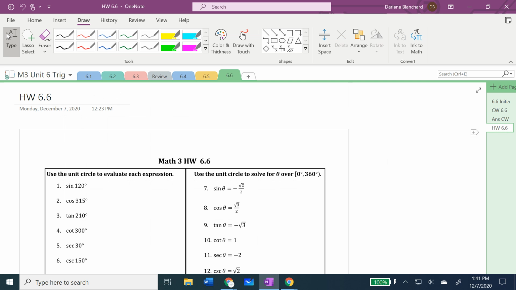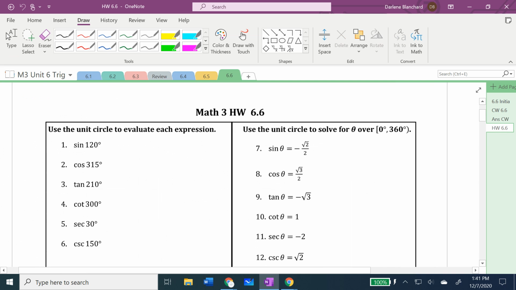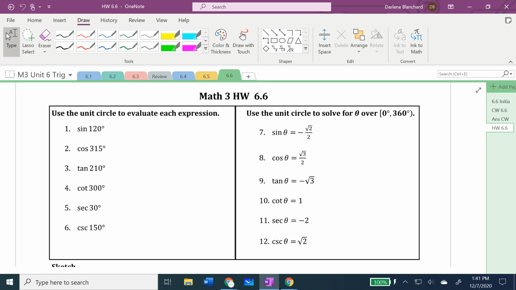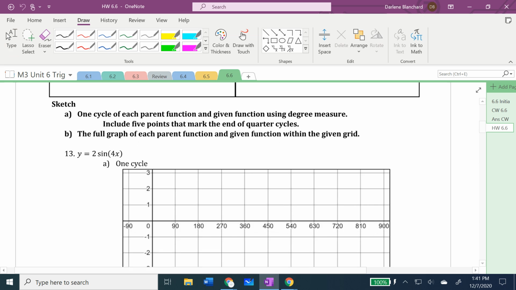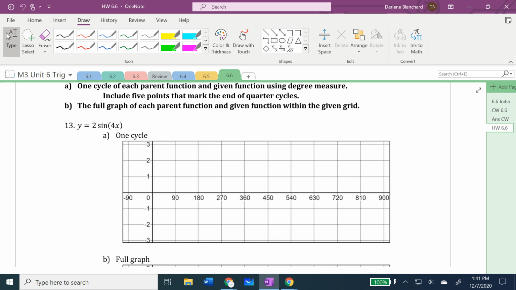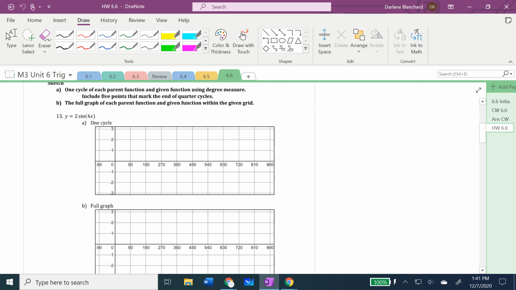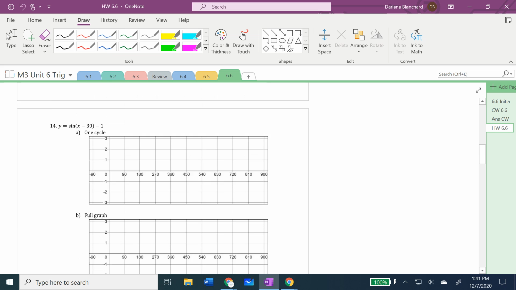Okay, let me make sure you're clear about tonight's homework. These first 12 problems are reviewing what we have done so far. And this is what you were wanting a little extra help on, or some of you were. Then the rest of them are just graph 1 cycle, graph a full graph.